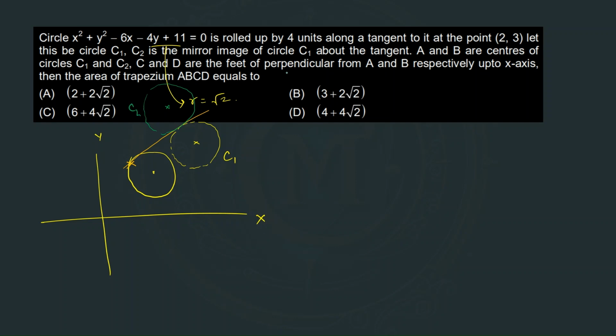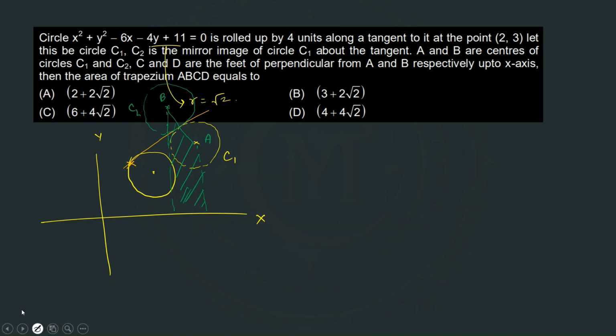C and D are the feet of perpendicular from A and B respectively up to the x-axis. A and B are the centers of the circles C1 and C2. If we drop the perpendiculars from them to the x-axis, it will be like this. Then the area of the trapezium ABCD is asked.